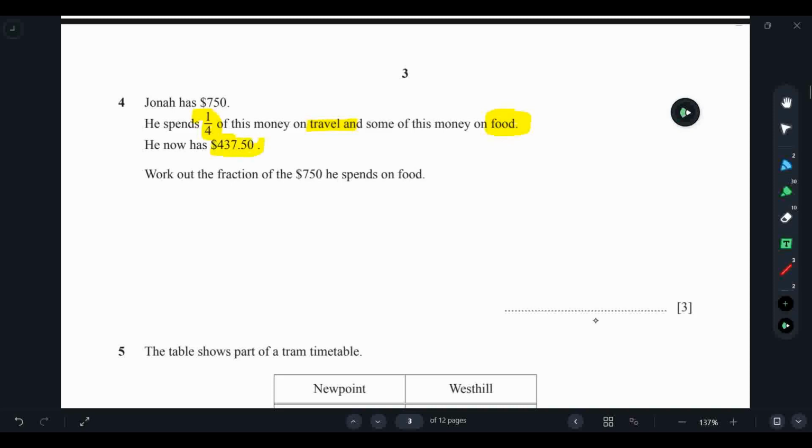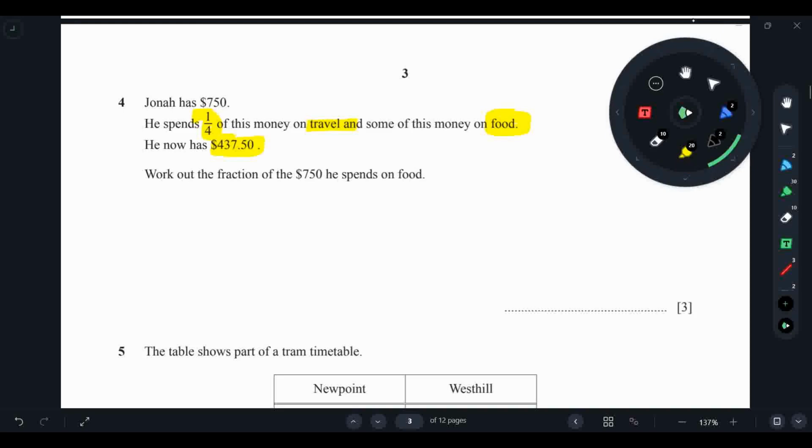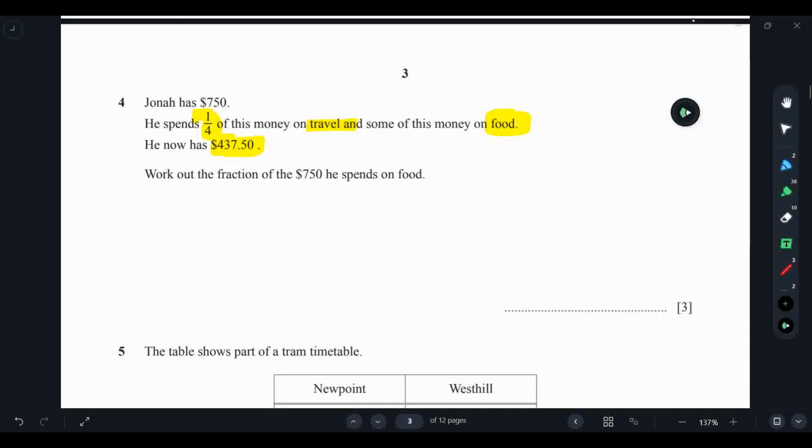Now work out the fraction of the 750 he spends on food. First of all, we need to subtract the amount of money he has spent from what he had.